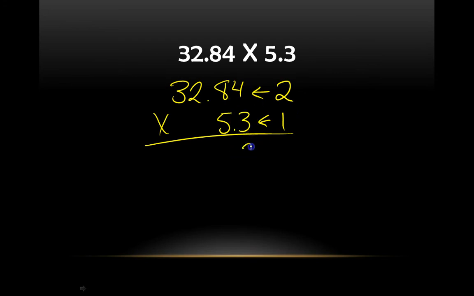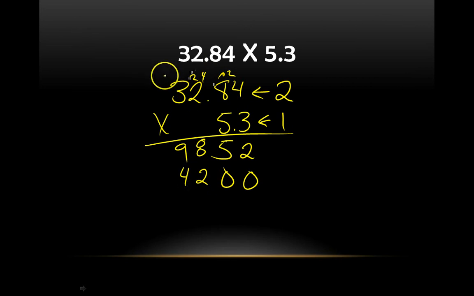So 4 times 3 is 12. Carry the 1. That's 24, 25, 6, 8, and 9. Drop a 0. That's 20. That's 42. That's 14. And that's 16.